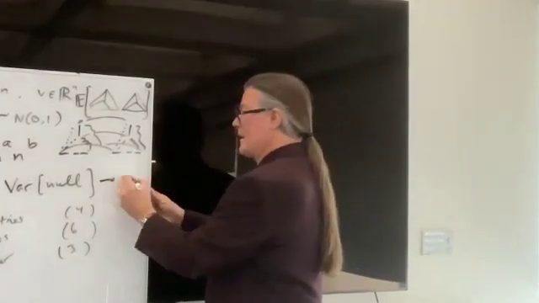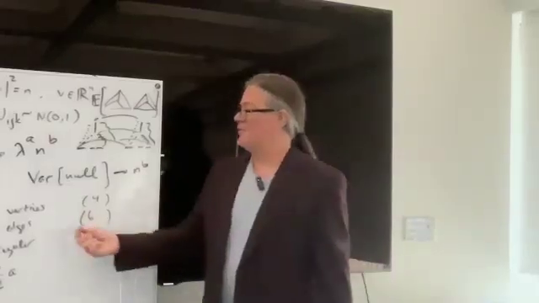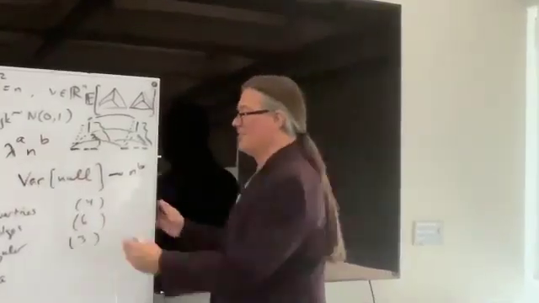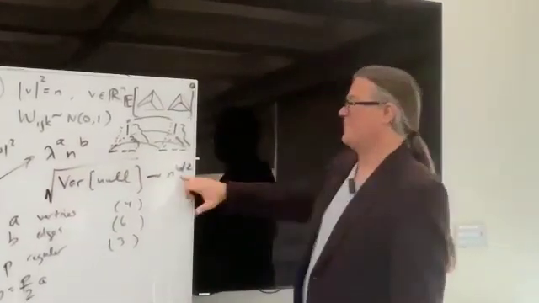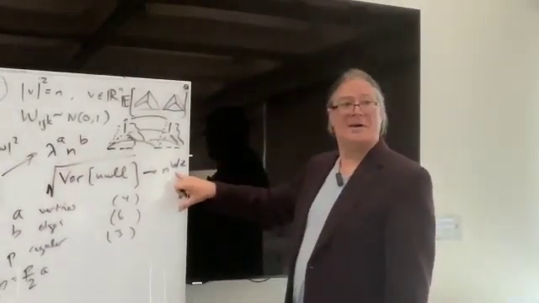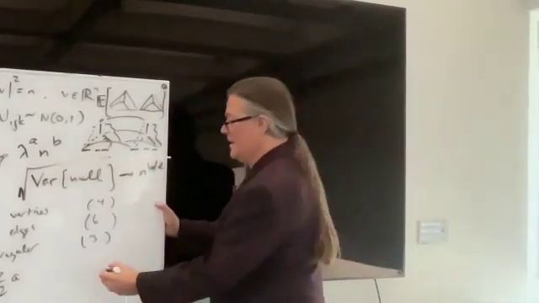Of course, what we want to compare to this difference is not the variance, but the standard deviation, because that's how much things are getting shifted. So it's n to the b over 2. So this is small compared to that.